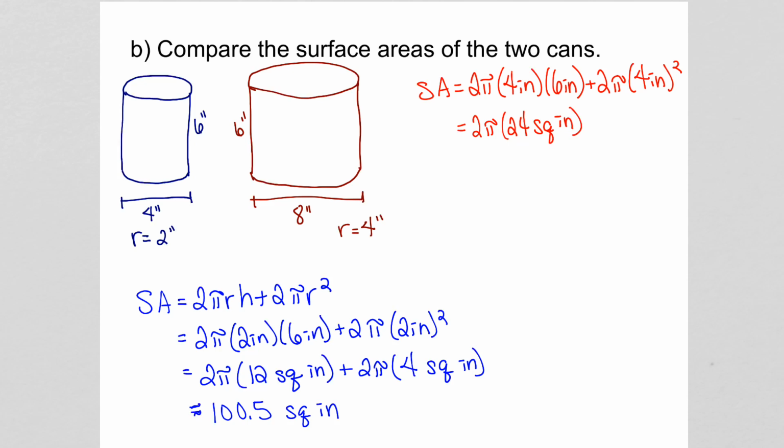And I just noticed something I did wrong. Oh, no, I didn't, because it's surface area. Never mind, sorry. And 2 pi 16 square inches. And that'll be approximately 251.2 square inches.